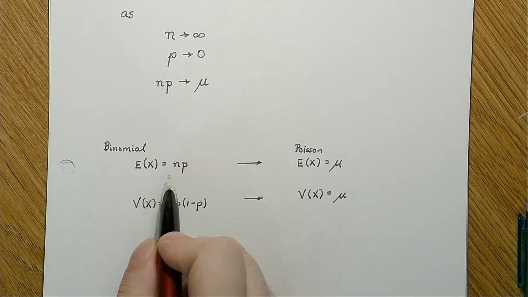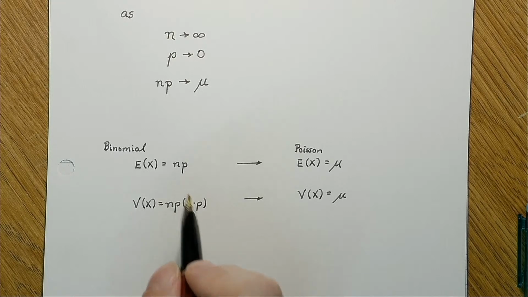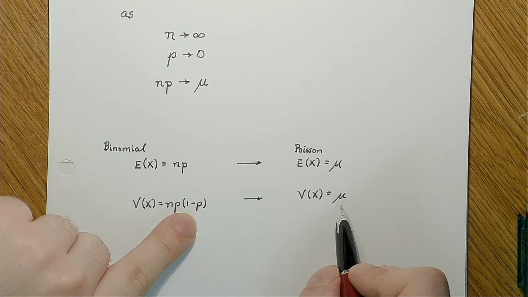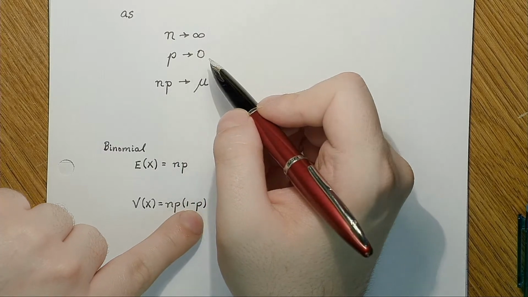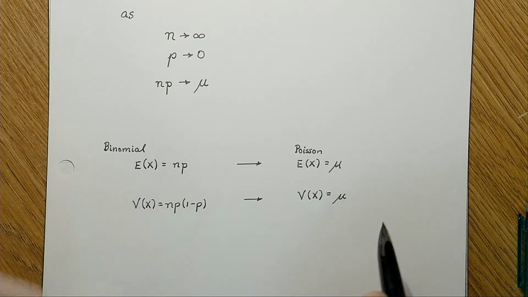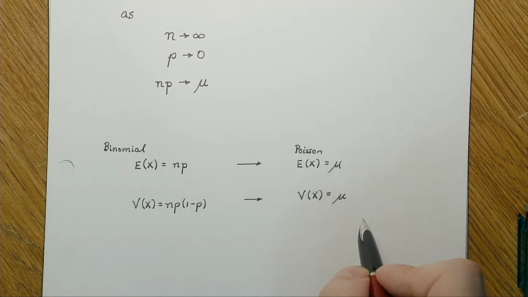If np is converging to mu, well, that means that np is mu, and 1 minus p, well, p is going to 0, it's getting really small, so that's just 1. So that just means that it's mu. So it makes it easy for us to remember that with the Poisson distribution, the expected value and the variance is mu.